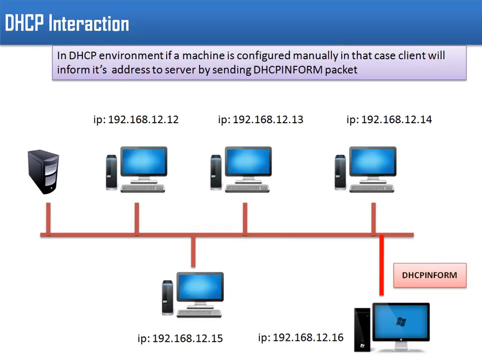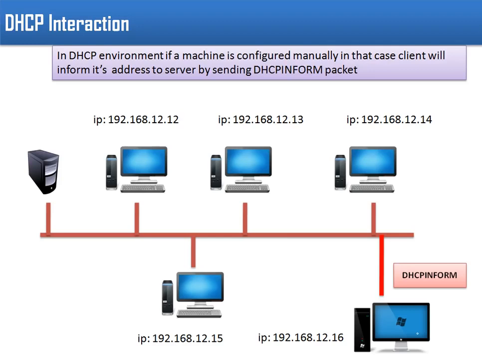Now there is one more message type for DHCP, that is DHCP inform. What is that? It might be possible that we have a DHCP server and a device which is newly connected to the network. That device is actually configured by an administrator manually.